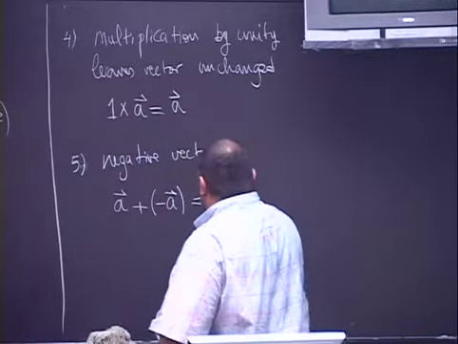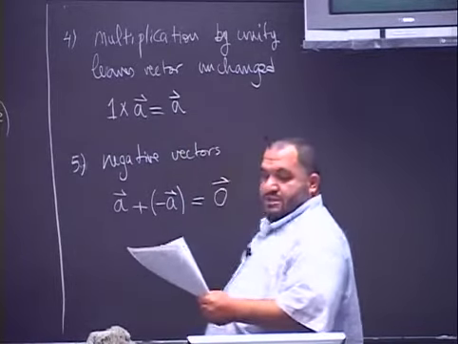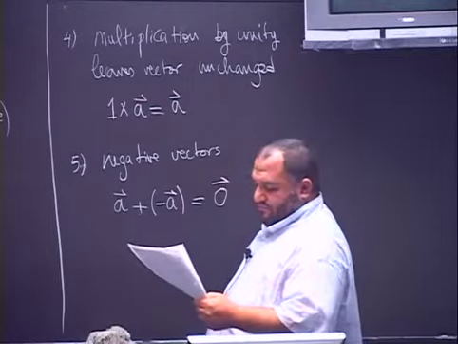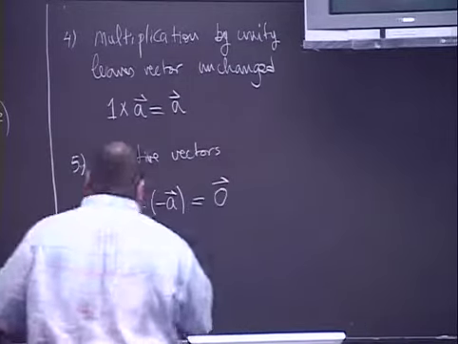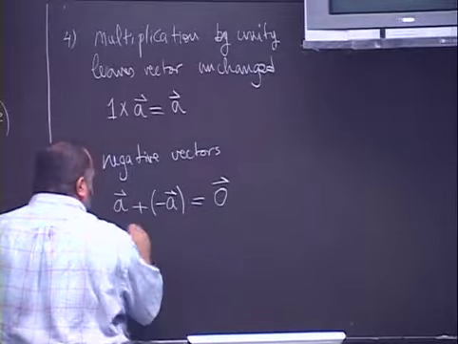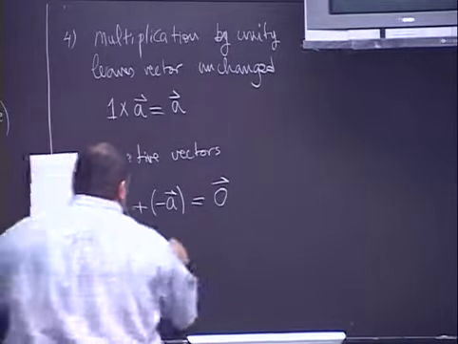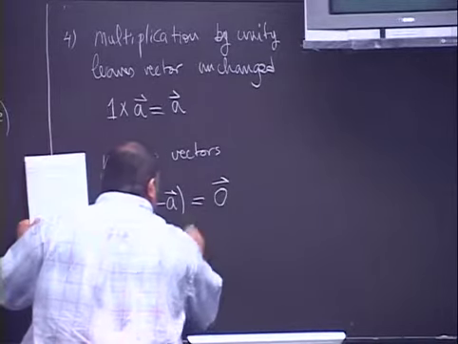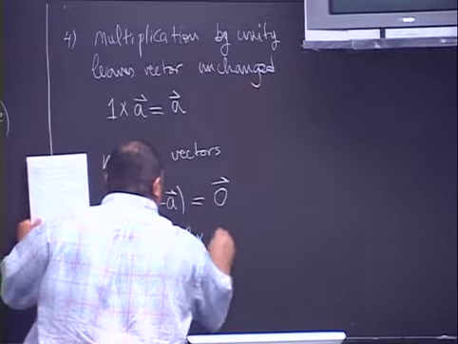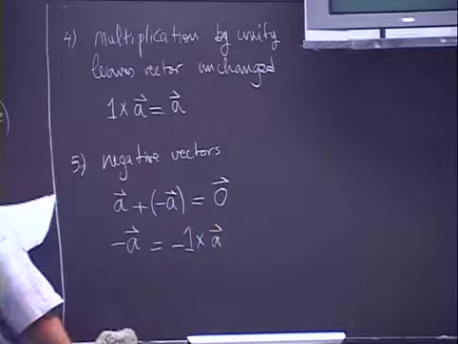The null vector. And negative vector A is just negative 1 multiplied by the vector A.